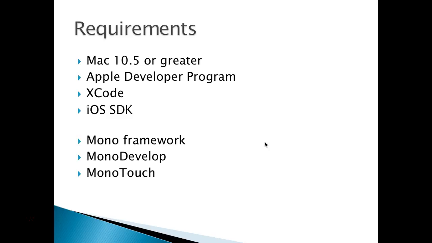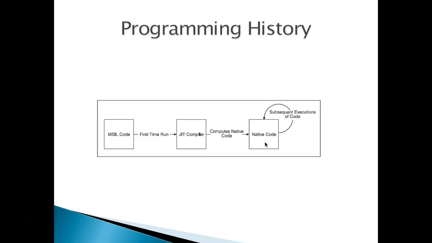Now, if I go back here, there is something a little bit different. You have the JIT compiler that compiles just in time, and every time you go in, it redoes this again. Now, once you get into the iPhone, Apple said, we don't allow any just in time compilation on our phones. That's why, with the Flash player and different things, you can't get a Java app to run on the phone.